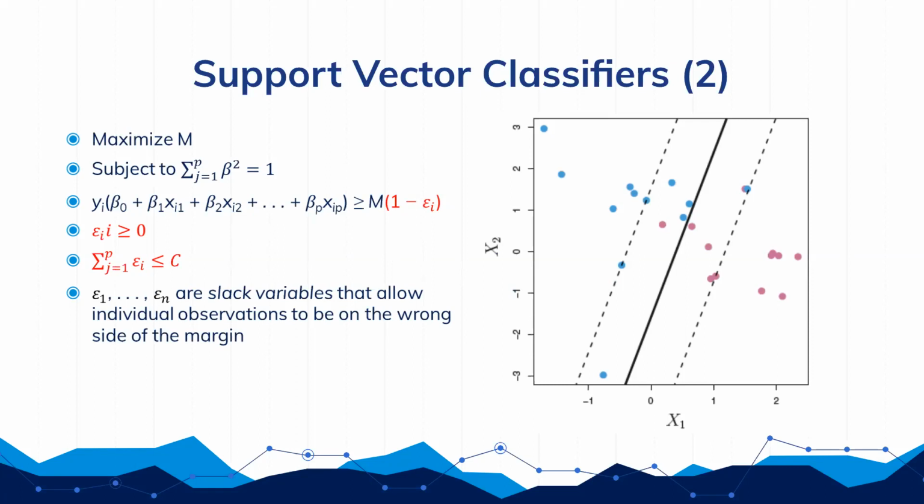So this is an example of a support vector classifier. If you look here, we have observations on the wrong side of the margin, on the wrong side of the hyperplane, and that's okay because we are still correctly classifying most of the observations, and we are hopeful that this classifier will do much better on the test observations, which is what we really care about in the end.